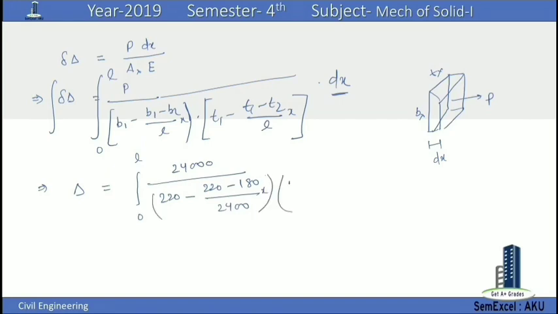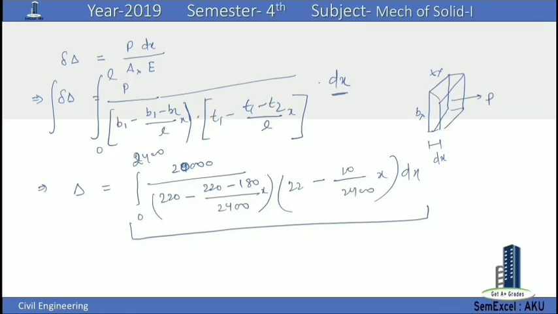T1 is equal to 22 minus T2, T1 minus T2 is equal to 10 by 2400 into x into dx. This L is 2400, but load is 20 kN. If we solve that integration, then we will get the required displacement delta.